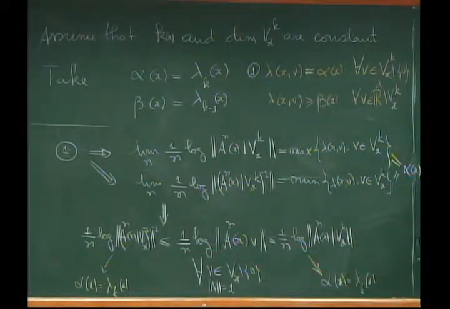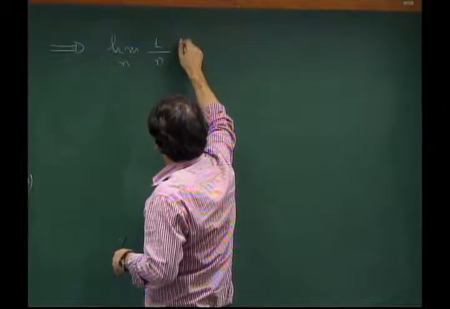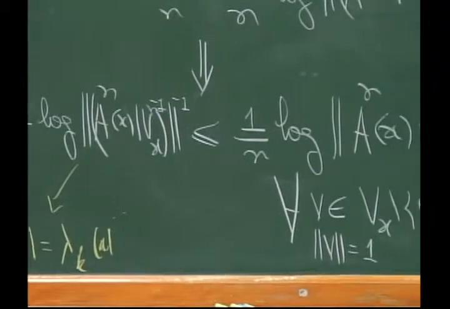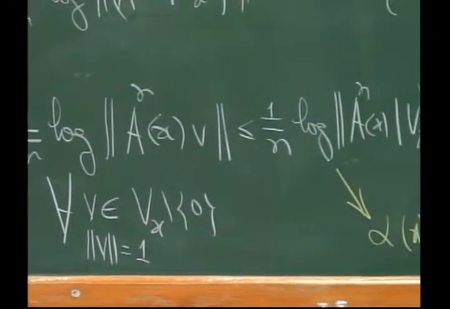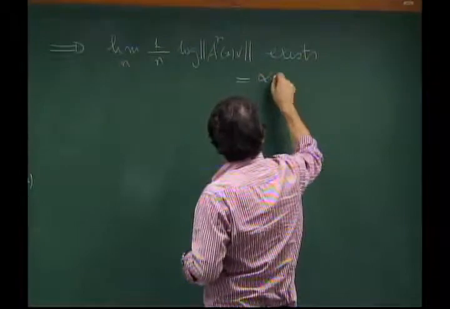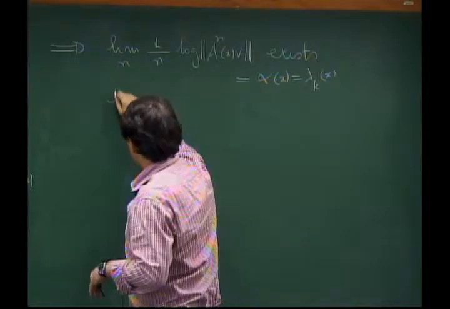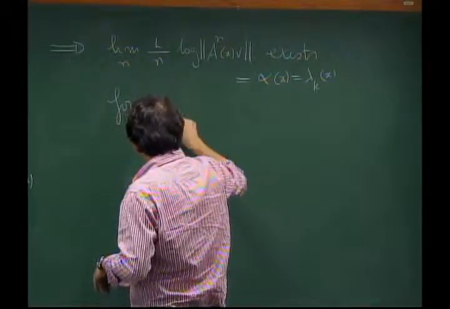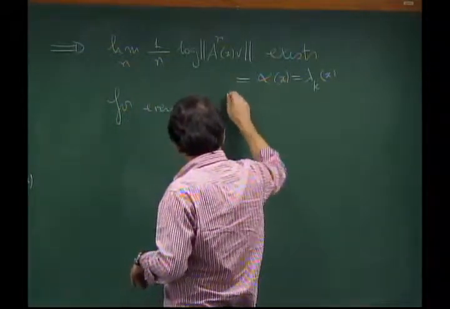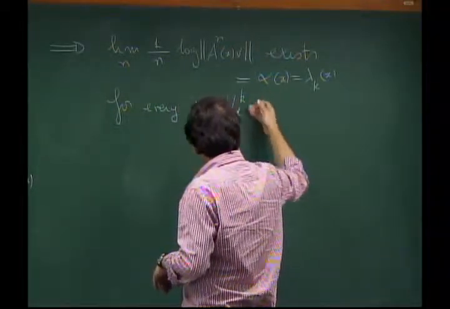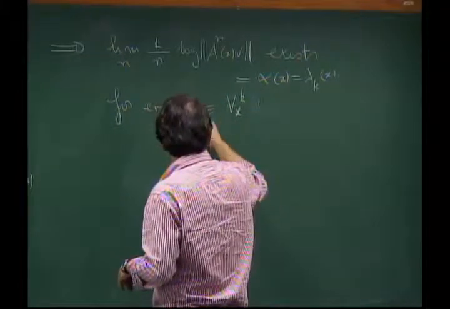So by the theorem, the limit of 1 over n log of the norm of A^n(x) v exists and is equal to alpha(x) for every vector v in V_x^k minus 0. Unit vector, doesn't matter.